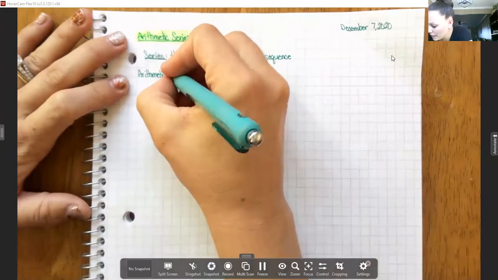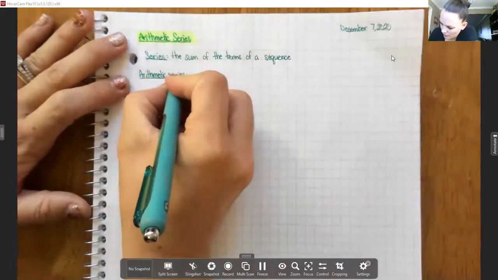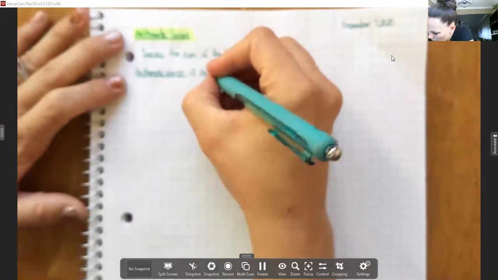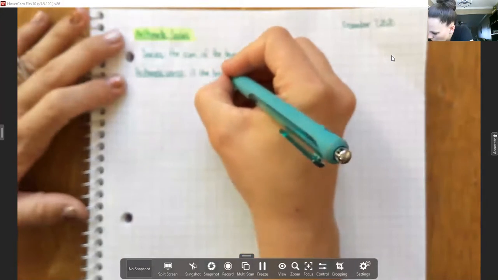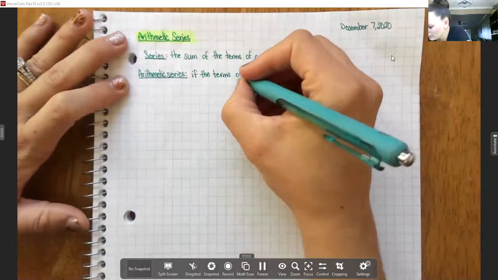It's an arithmetic series if the terms of a sequence have a common difference.